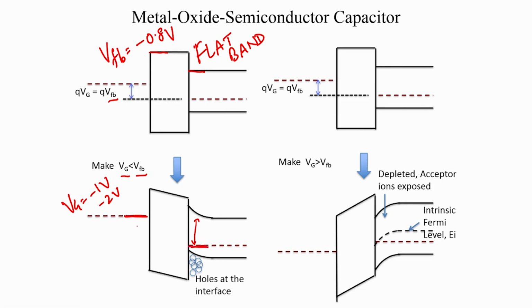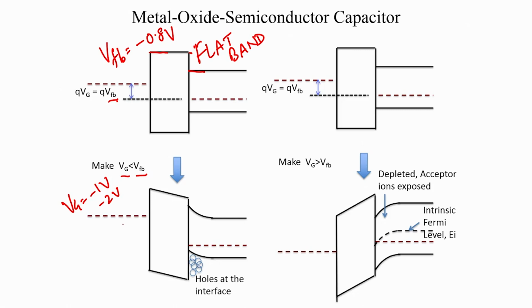So, the metal Fermi level will start moving further away from the semiconductor Fermi level, and it will increase the energy difference between these two levels. So, this means that at Vg equal to VFB we were at flat band, and if I make it further negative, then we are again going to drift away from flat band, but in the opposite direction.